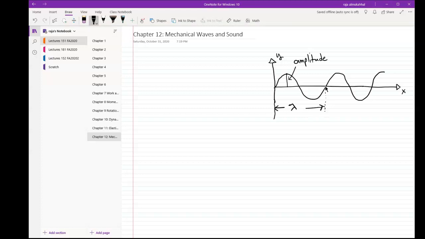Or you can do it from peak to peak, for example, from this peak to this peak. It's exactly the same thing, no difference. That's also lambda, for wavelength, or from trough to trough, from here to here. Again, it doesn't really matter how you measure it. So we define lambda, the Greek letter lambda, to be the wavelength. And then we have A, the amplitude.